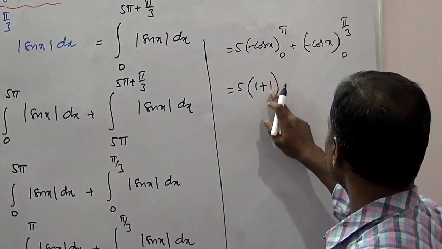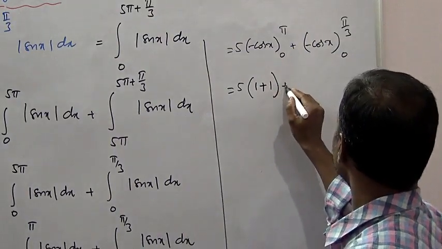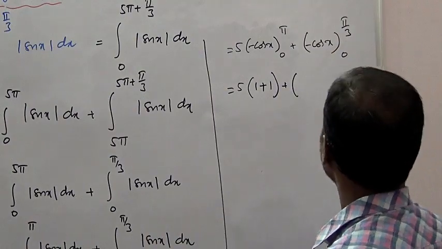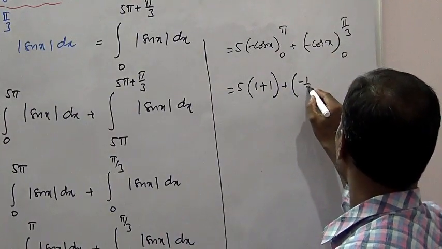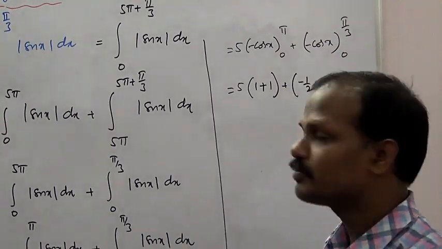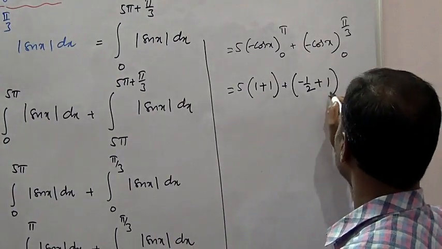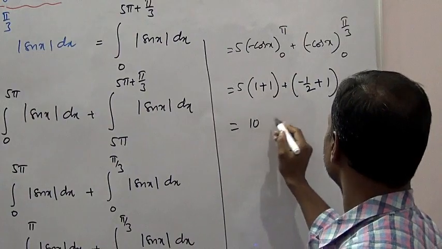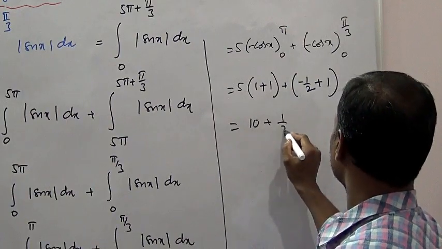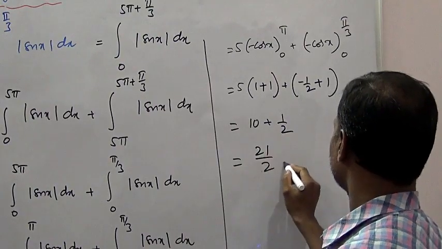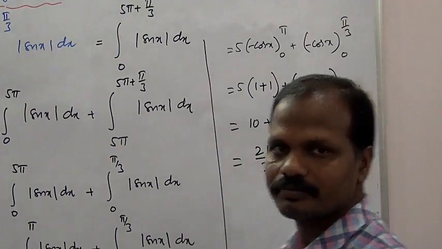Then plus minus cos pi by 3, which is minus 1 by 2, plus cos 0 which is 1. So this equals 10 plus 1 by 2, which is equal to 21 by 2.